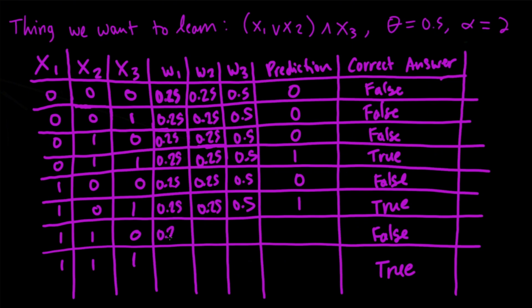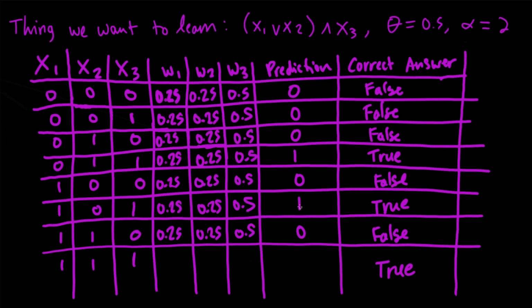So we bring our weights down, 0.5, okay. Now we do x1 times w1, which is 0.25, plus x2 times w2, which is 0.25, so that's 0.5. 0.5 is less than or equal to theta, so we predict 0.